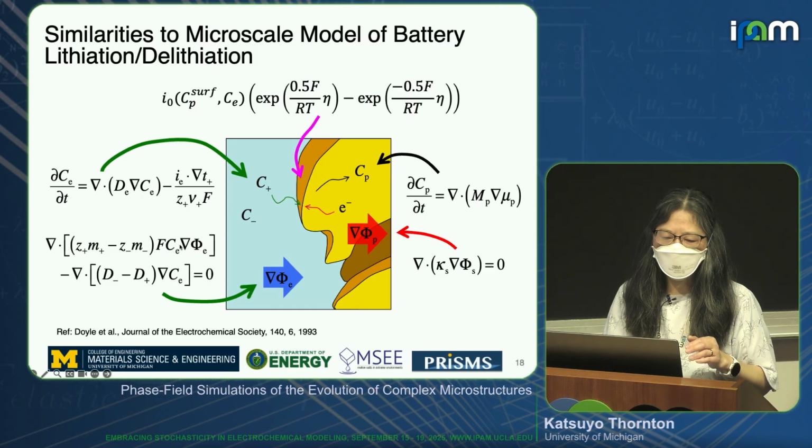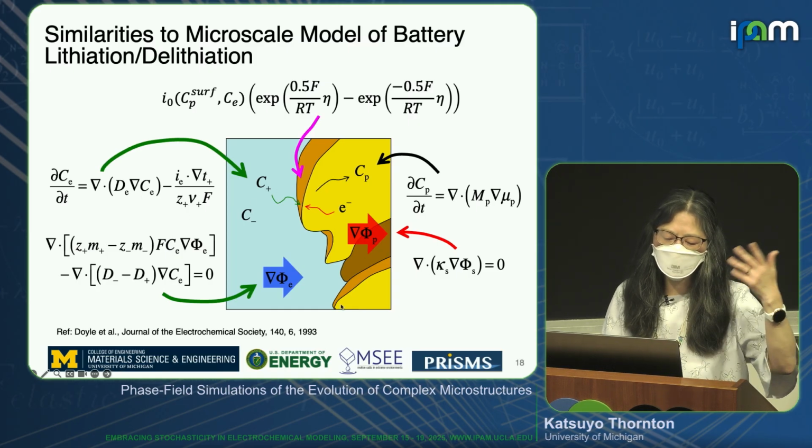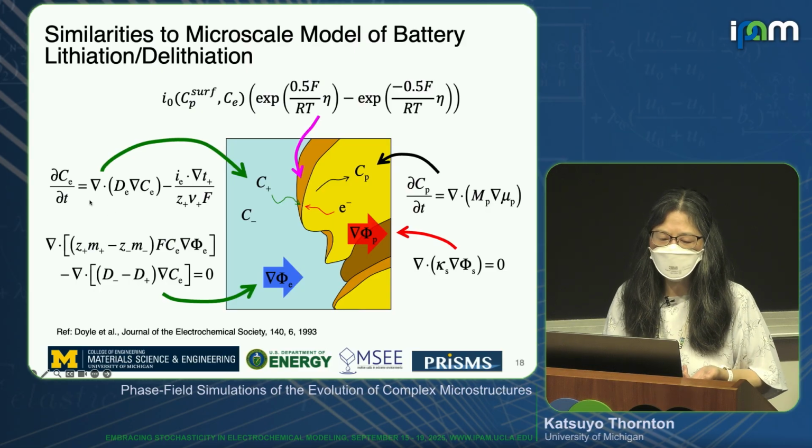The current continuity gives you the electrostatic potential, and the mass conservation gives the evolution of the concentration. But how the reaction rate affects the interface is different. We now move the interface rather than letting the flux go into the solid phase.